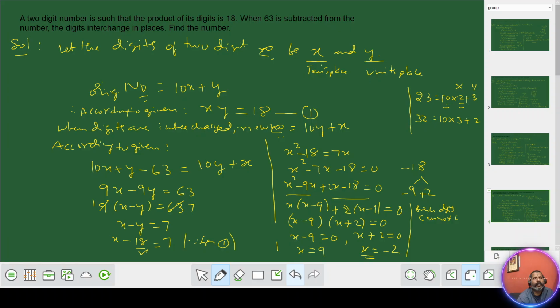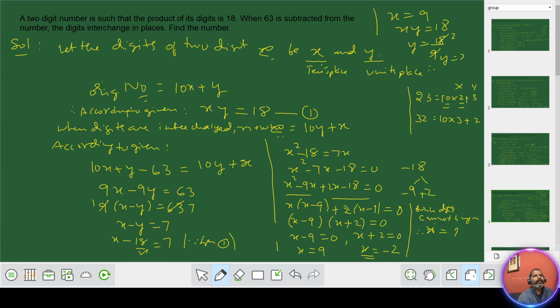Here we got one digit, that is x, your tens place digit. The other digit we find by equation 1: x equal to 9, xy equal to 18, so y equal to 18 by 9, which is 2.